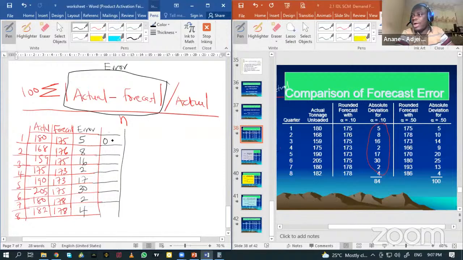0.0. We are going to do 2 decimal places. 0.03. Now go to the next one. 8 divided by 168: 0.05. 16 divided by 159.